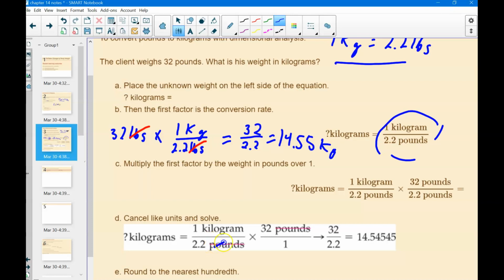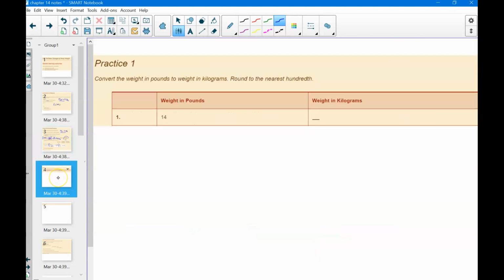See how they cancel the pounds down here. And you notice that this piece right here looks exactly the same as up here. But I like my way better. Just me.